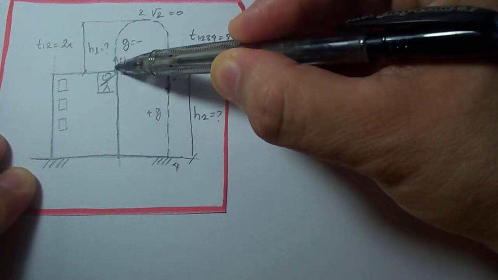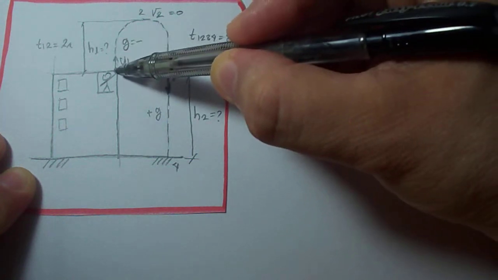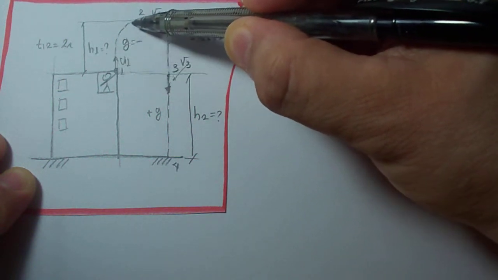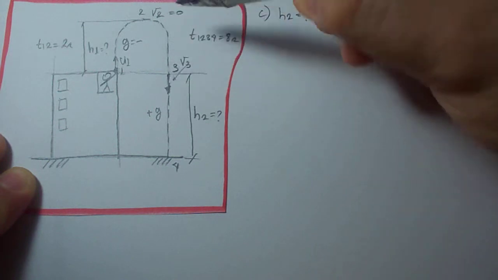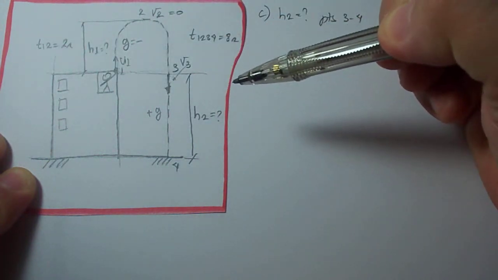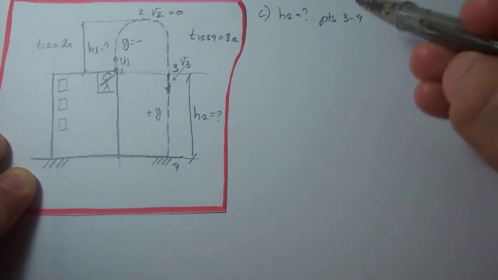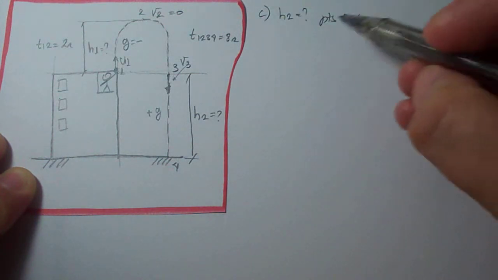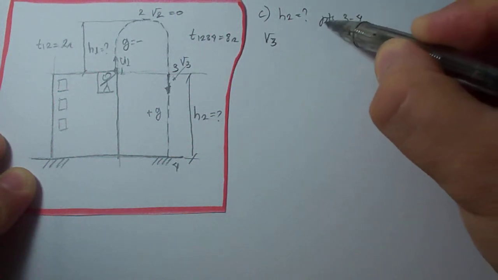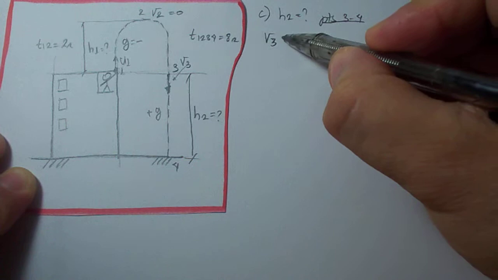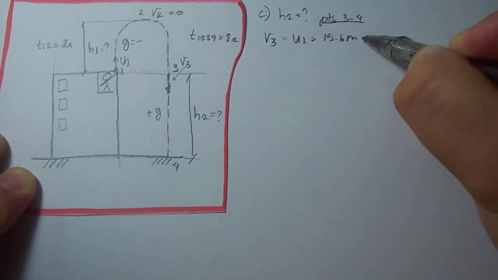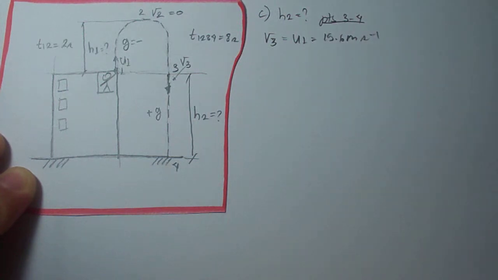That initial velocity when the rock was shot up, and as it goes down, that velocity 3 is actually equal to the velocity U1, only opposite in direction. So the V3 here in point 3 is actually the same as U1, which is 19.6 meters per second.